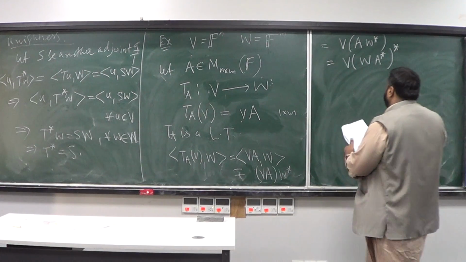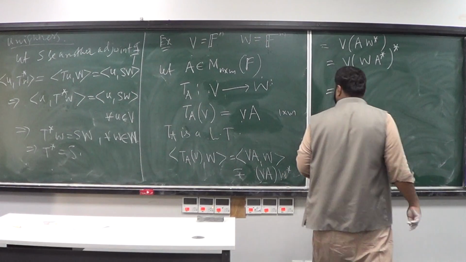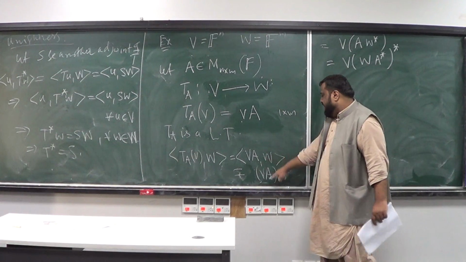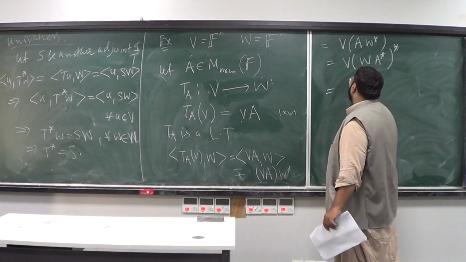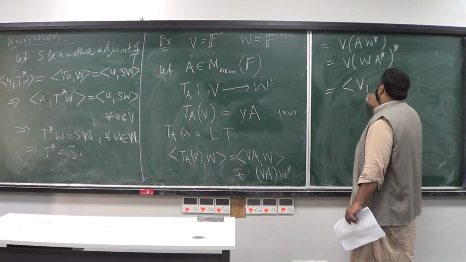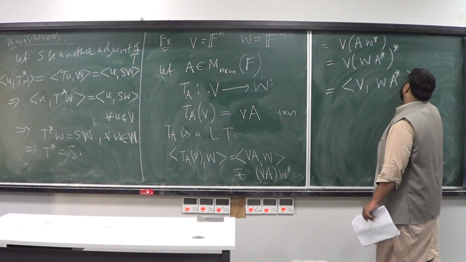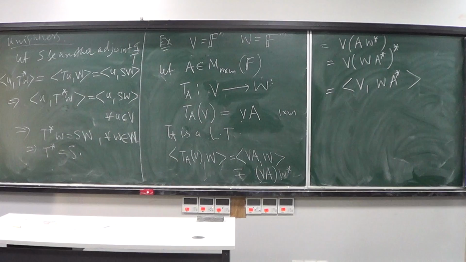Now if you write this more explicitly with this definition, you're going to get the inner product of v with w A star.